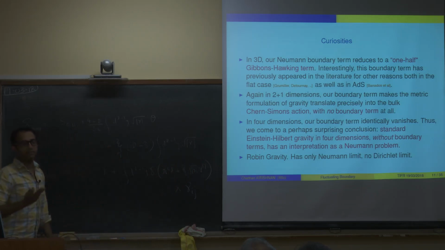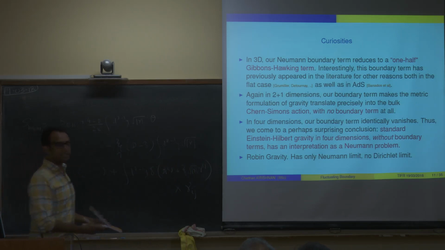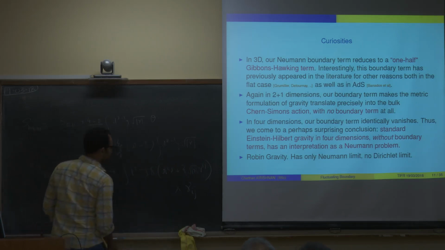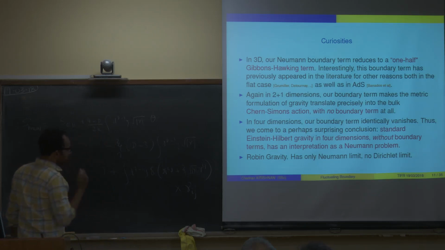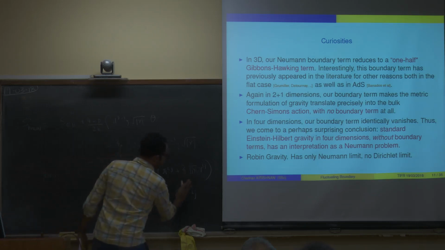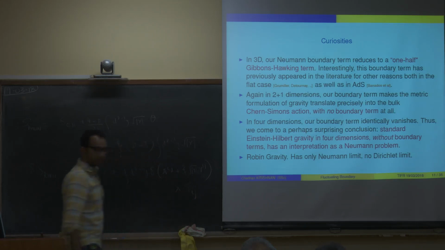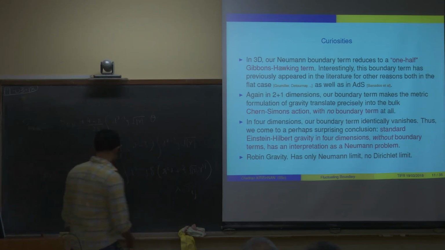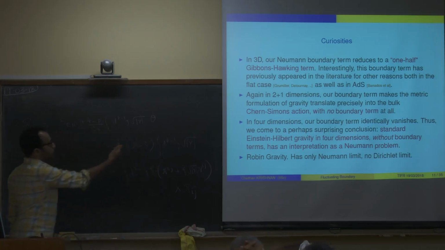You can't do the same thing with pi's. I don't have a deep understanding of it, but it just so happens that something similar with a pi here does not work. So you need to go through the Neumann.